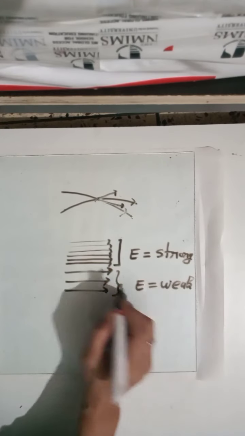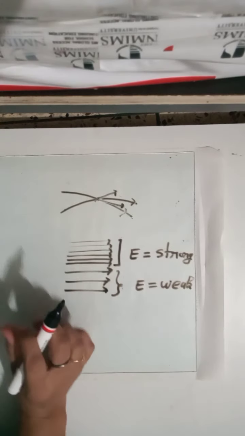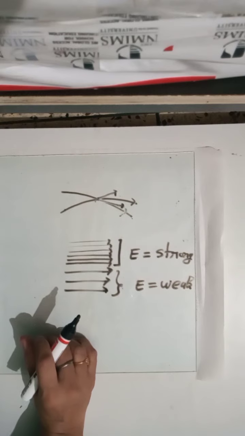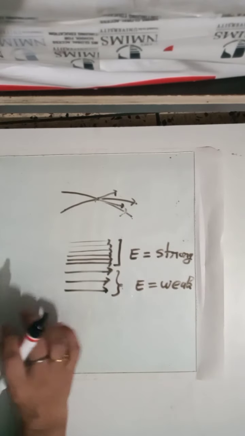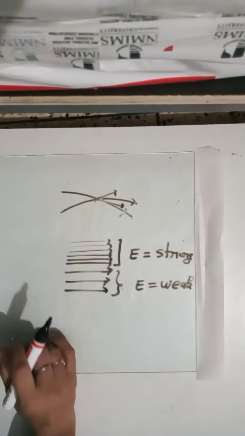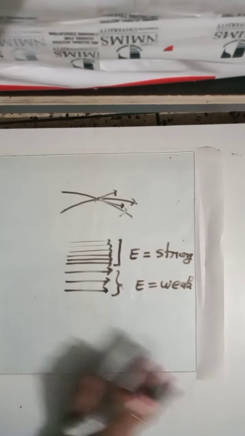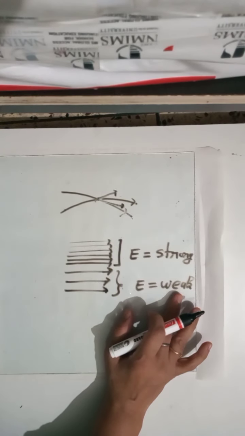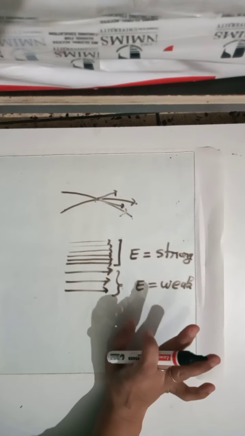That means if the electric lines of forces are crowded, a large number of electric lines of forces in the same locality, then this shows a strong value of electric field. Whereas if the electric lines of forces are very far away from each other, they will show a weak value of the electric field. This point must be noted.